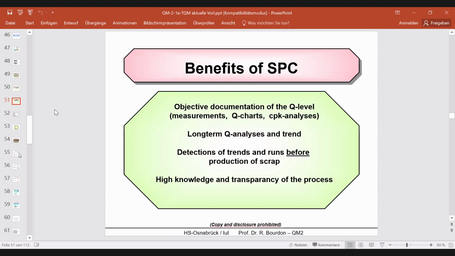If you perform SPC in the production, you have an objective documentation of the quality level. You have real measurements, long-term analysis, trend analysis, and you can detect problems of the process before you get scrap parts, before the production is running out of the tolerance. You get a high knowledge and transparency of the process.